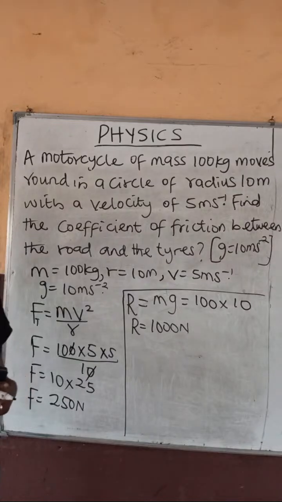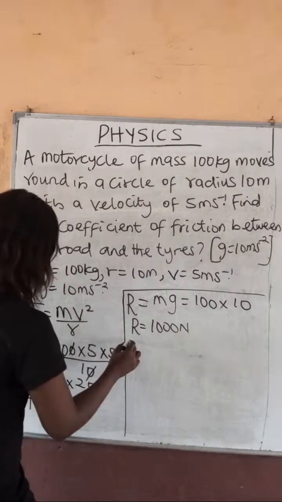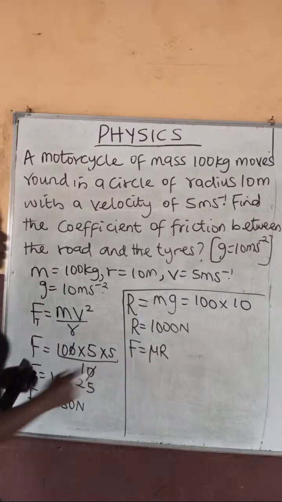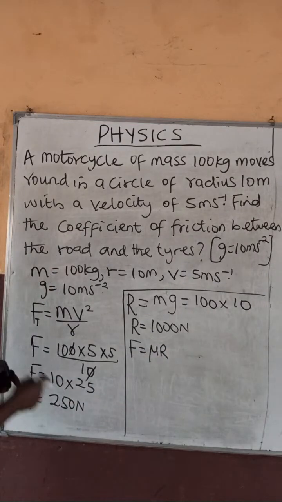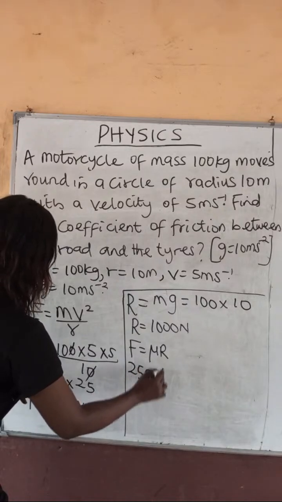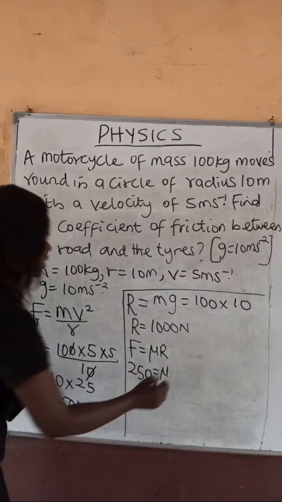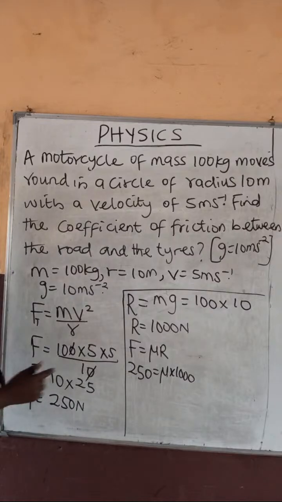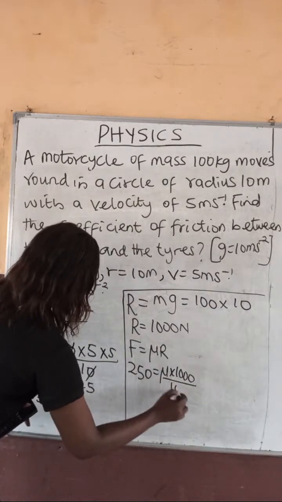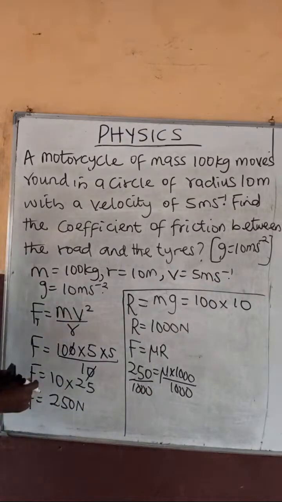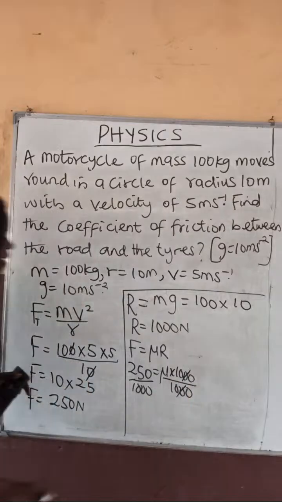So what I'm going to do is to solve for the coefficient of limiting friction by saying that F is equal to mu R. Let's substitute the values. My F is 250, is equal to my R, which is 1000. So I divide both sides by what? The coefficient of mu, which is 1000, so that this cancels this, right?